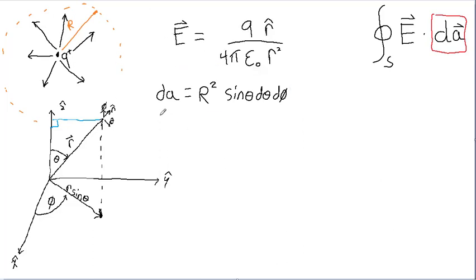So if I look at this differential area defined by this term, the only thing that's missing to make it match this symbol is the vector. And one way to think about that is we can always define areas or segments of areas by their normal.